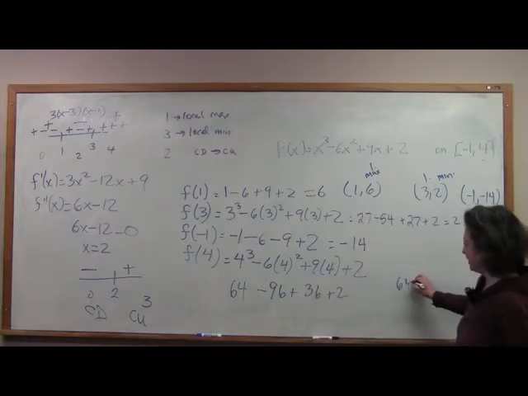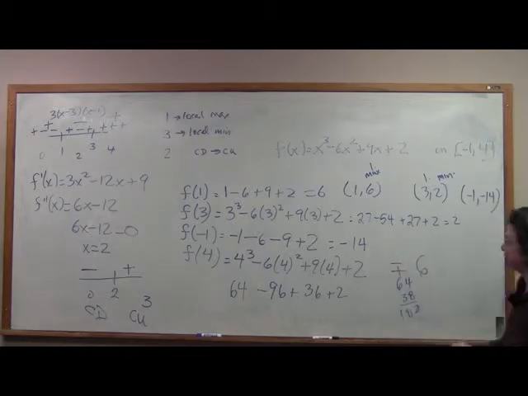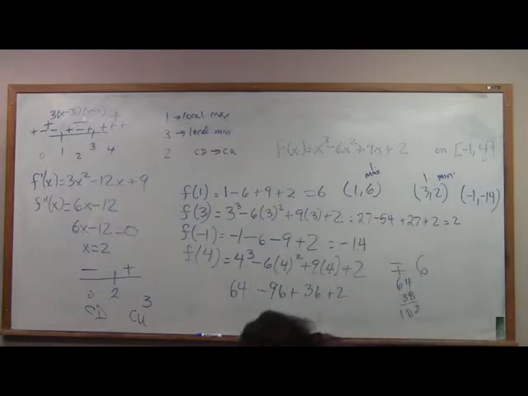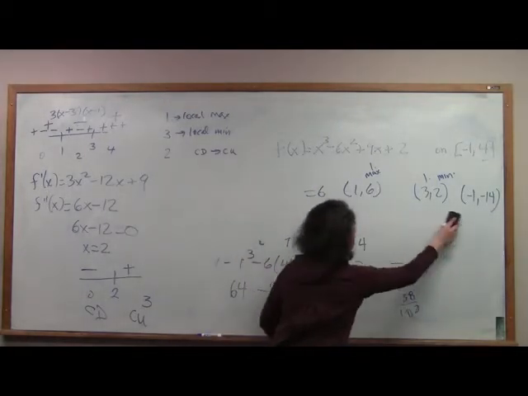All right, so 64 plus 38 is 102 minus 96, so we're going to get 6 out. So now we also have the ordered pair (4, 6). I'm going to erase all this.